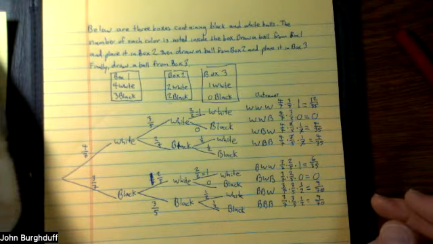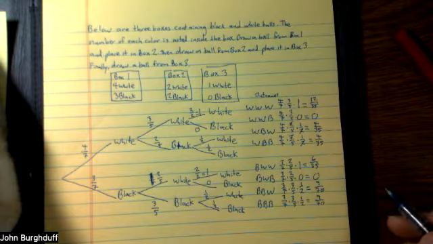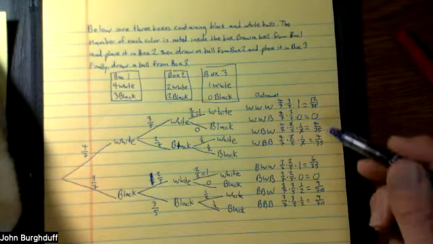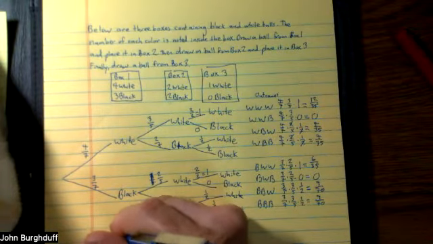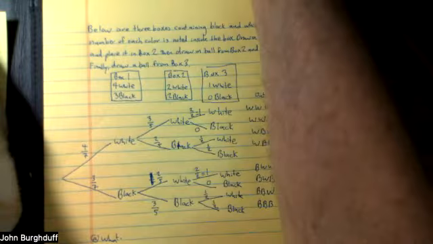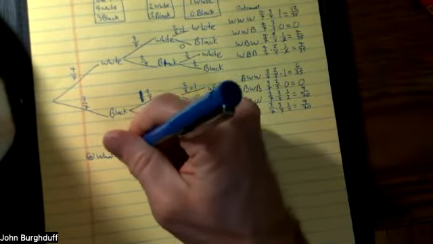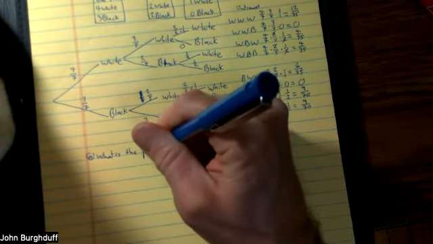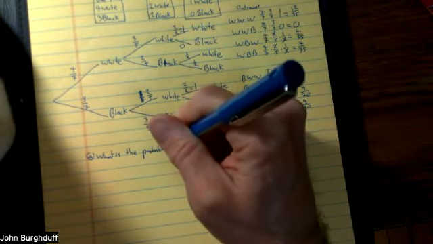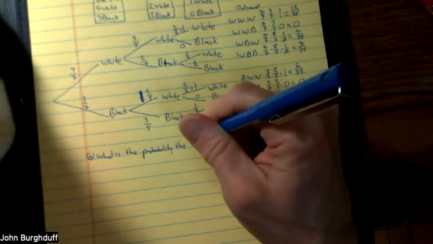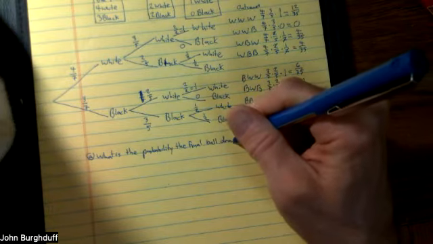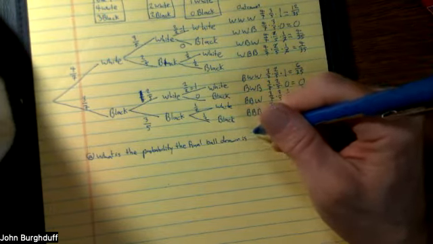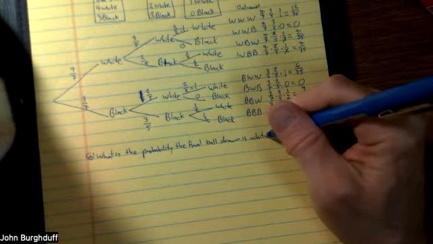Now, suppose that the question has a couple of follow-ups. These are all the outcomes and the probability of each one. The follow-up questions might be, what is the probability that the final ball drawn is white?